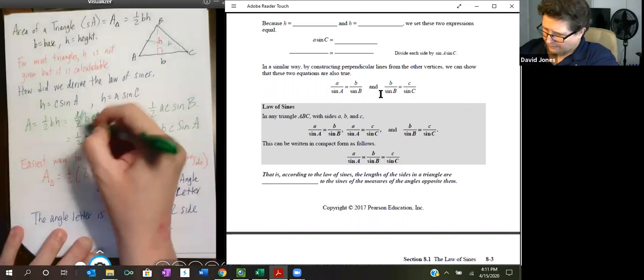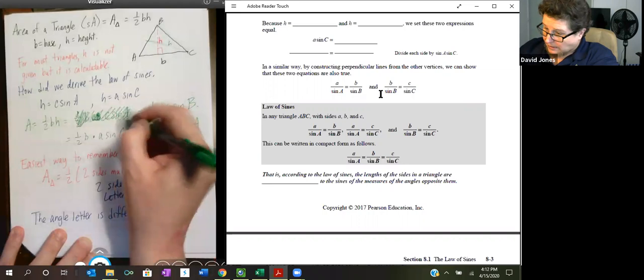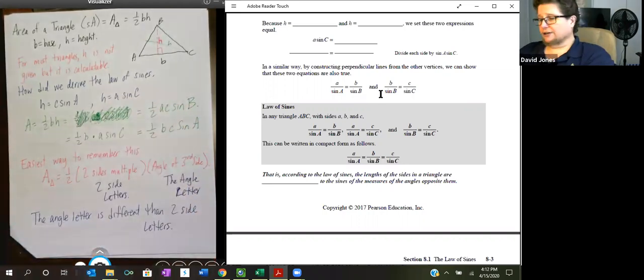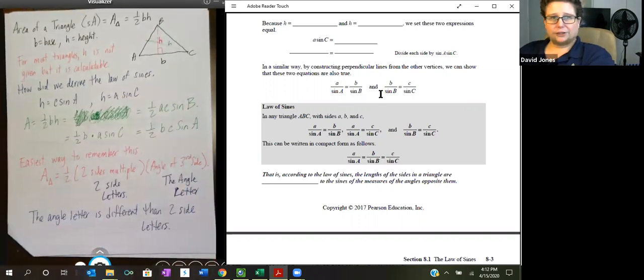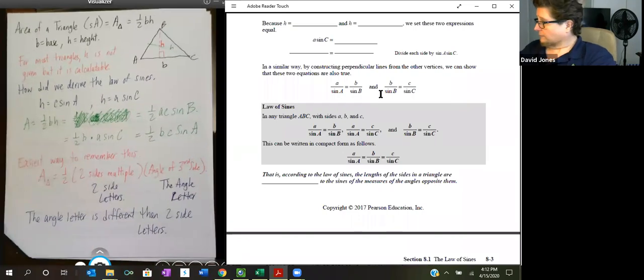I'm going to get rid of that one right there because it looks sloppy. Now you can see all three where they're not looking ugly. Give you an example.